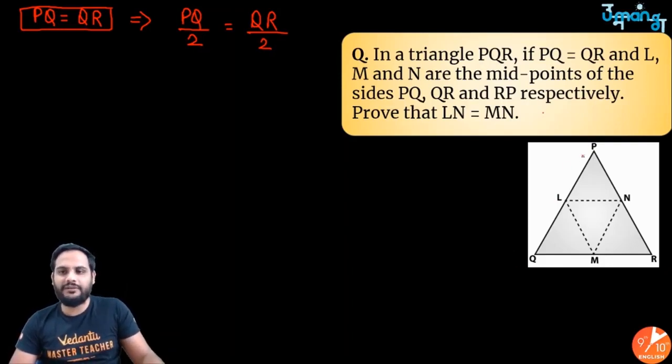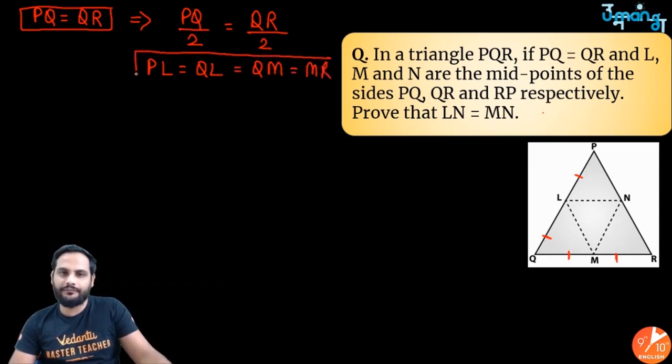So if L is the midpoint, PL will be 5, QL will be 5, QM will also be 5, MR will also be 5. Right? Correct? So PQ by 2, since L is the midpoint, is PL or QM, anything. And QR by 2 can be QM or MR. So all these four are equal to each other.